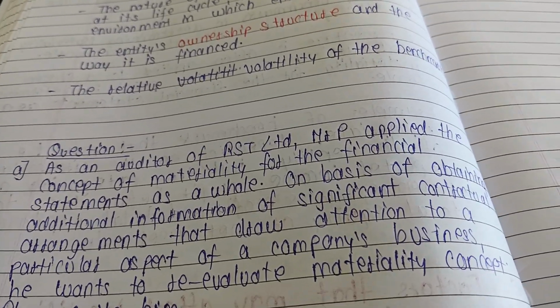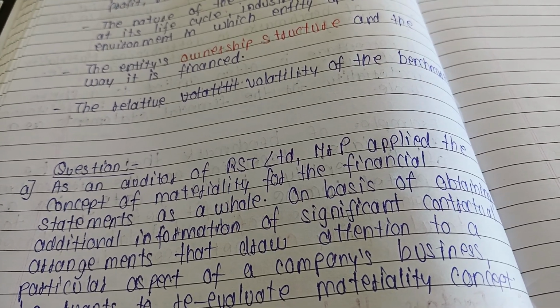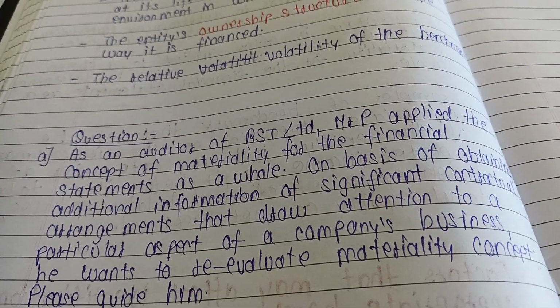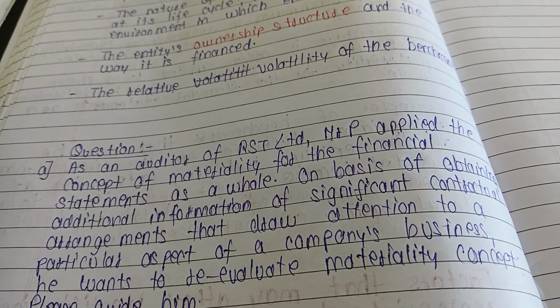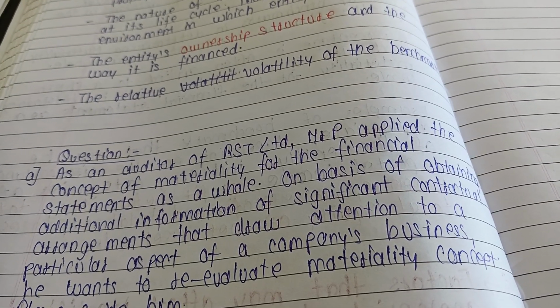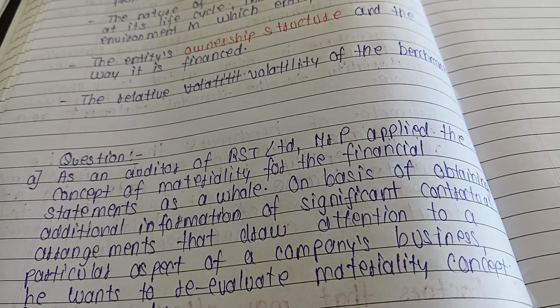Now, as per SA 320, materiality in planning and performing an audit, while establishing the overall audit strategy, the auditor shall determine materiality for the financial statements as a whole. He should set the benchmark on the basis of which he performs his audit procedures.